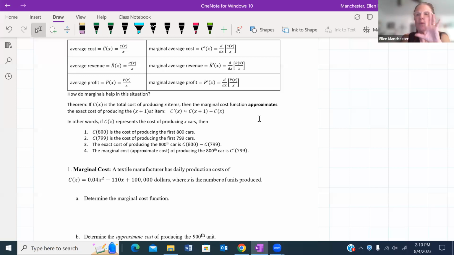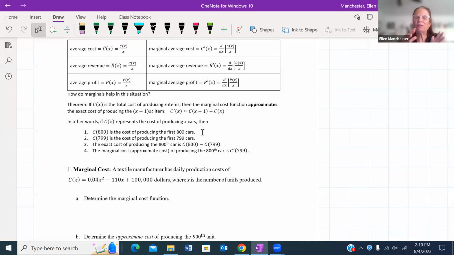So the way that we're going to do this is, if you see the math terminology, number one, if you see C of 800, this is the cost to produce the first 800 cars. So we plug 800 into our cost function and it gives us the total cost of the first 800 cars.